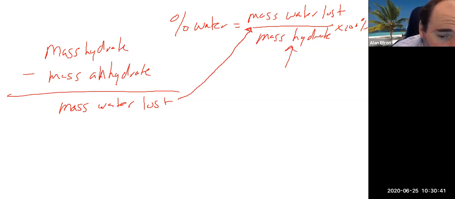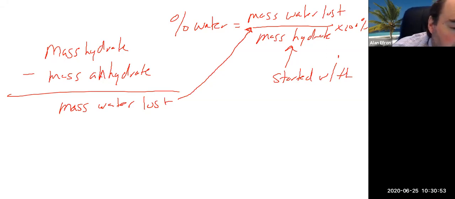This is going to come from the mass of the hydrate you started with. And you'll be able to figure out the percentage of water that was in that hydrate. So what we just walked through is basically the experimental percentage of water in your hydrate. Any questions on that?